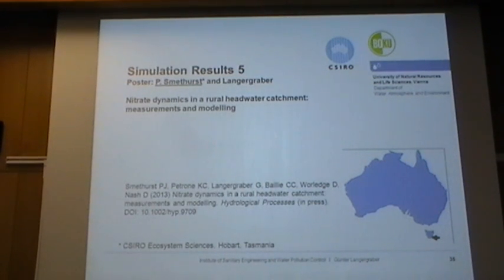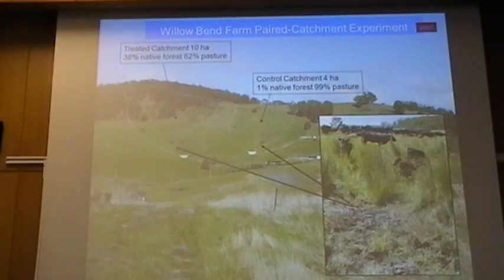Last example I want to show you, we go to Tasmania, southern tip of Australia, the island. It's a collaboration I had with CSIRO there, with Phil Smethurst, and they were looking at catchment areas and wanted to look at the runoff of the catchment areas.